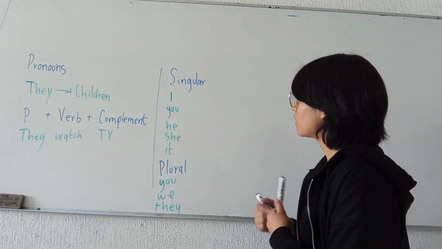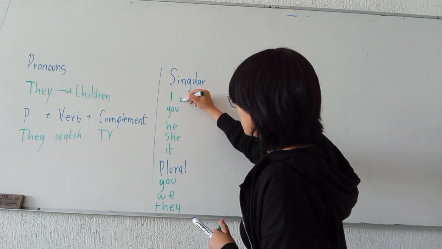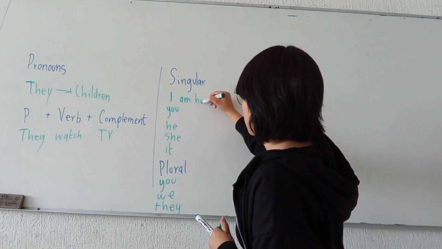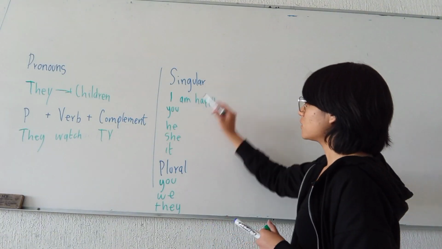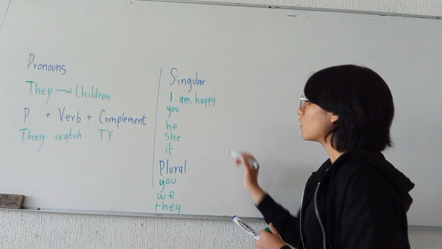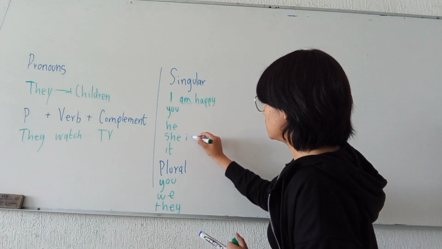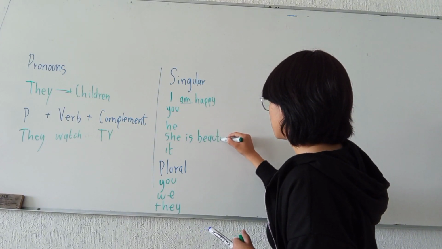For example, I am happy. Here we are using the verb to be that is going to be explained in another video. Or, for example, she is beautiful.